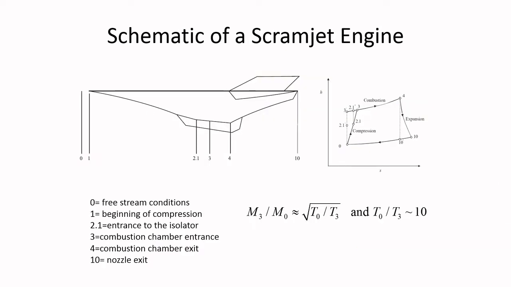So this is once again the typical schematic that we were discussing, and this is also the cycle corresponding to this. So if 0 is the free stream conditions and 1 is the beginning of compression, this part is essentially the compression that happens, external plus internal compression combined, and then at 2.1 it enters into the isolator, at 3 it enters into the combustor, at 4 it is the combustion chamber exit, and from there at 10 it's essentially the nozzle.